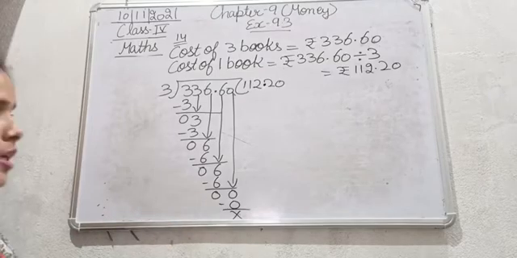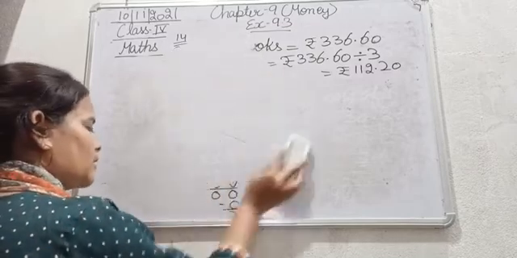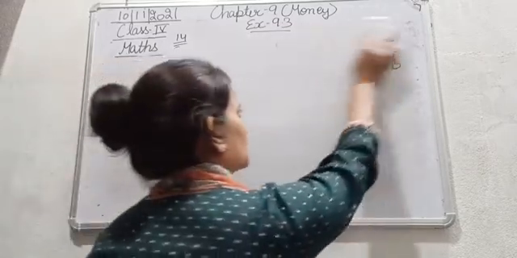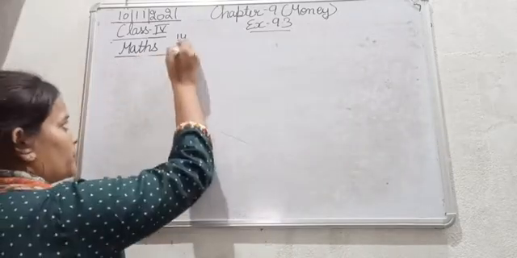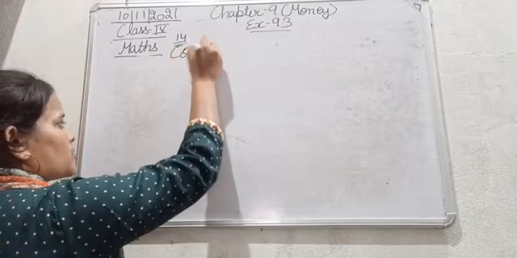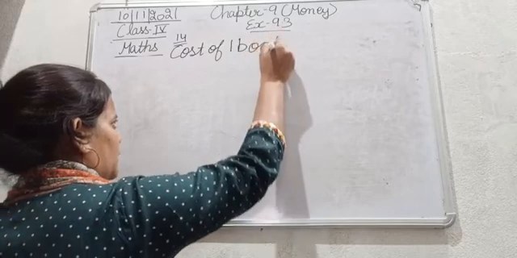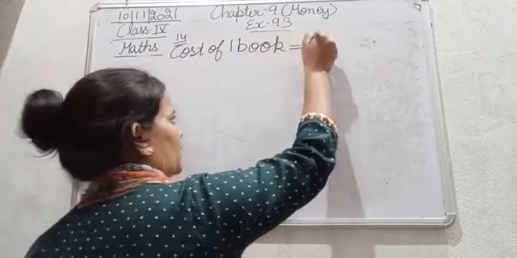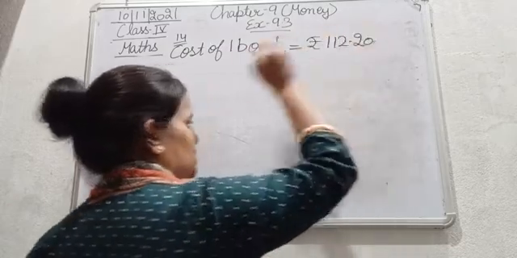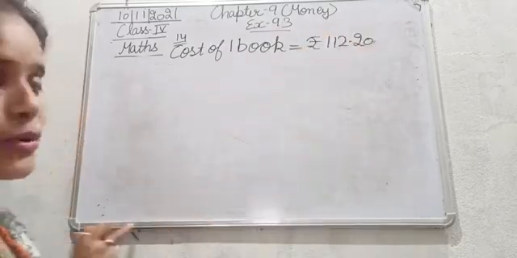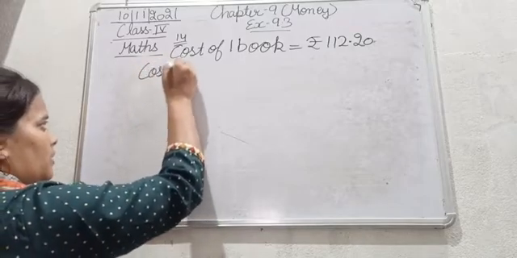It's in continuation. So cost of one book is here. Now we can easily find the cost of 5 books. Okay, so likhiye, cost of one book is 112 rupees and 20 paisa, and Kanu has bought 5 books, so we can find out the cost of 5 books.